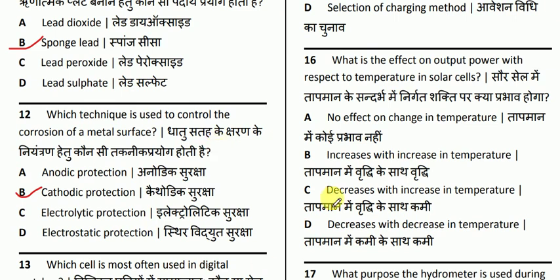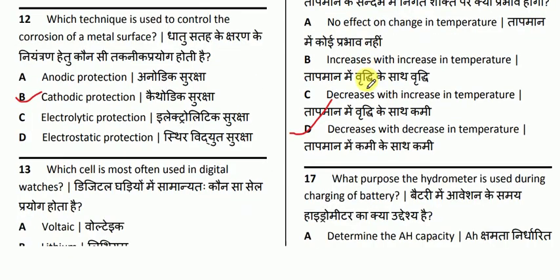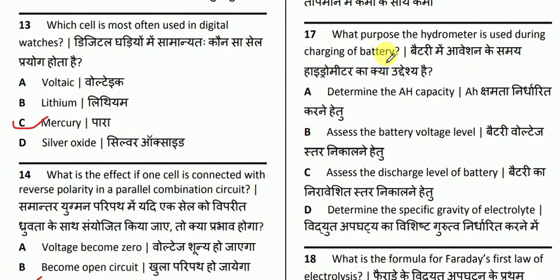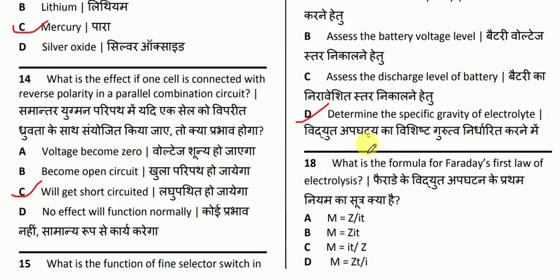The right option is decrease with decrease in temperature. Next, coming to the 17th question, what is the purpose of a hydrometer during charging of a battery? Here the right answer is to determine the specific gravity of the electrolyte.